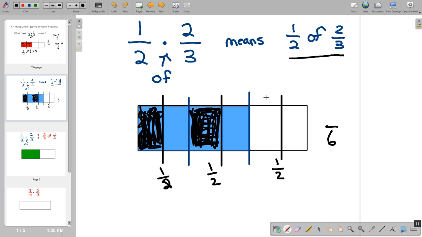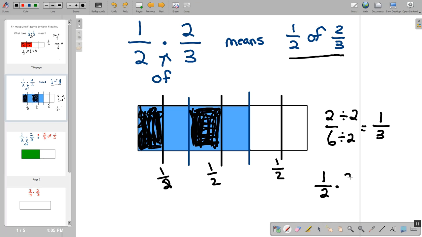Therefore, I stay with nothing. So that means that I had 4/6, but I took a half of them and it became 2/6. Now, because both 2 and 6 can be divided by 2, my answer here is actually 1/3.